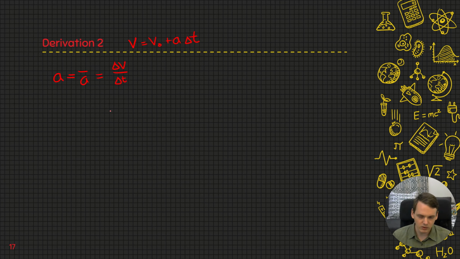So that's where we get a equals delta v over delta t. And then we can write a times delta t equals delta v. Remember that delta is always final minus initial. And so we can just do a little more algebra to get the form presented above. So this is basically rearranging the definition of average acceleration.